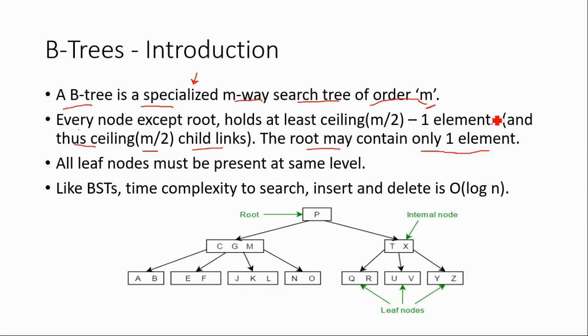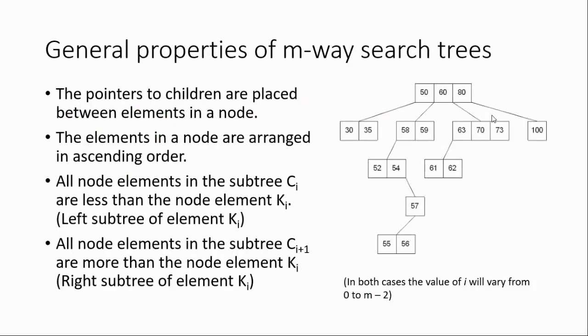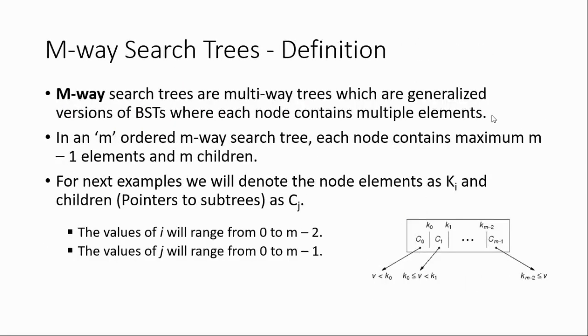In our previous discussion of M-way search trees, we have seen that there is a condition on the maximum number of elements: a particular node can hold a maximum of m minus 1 elements and m children. So this is the maximum limit imposed on that.